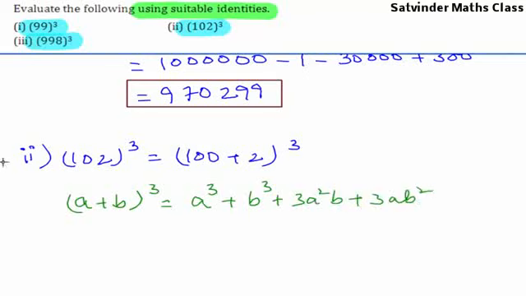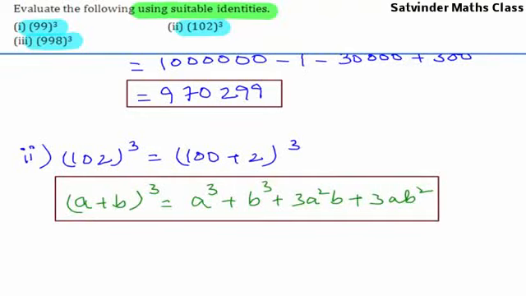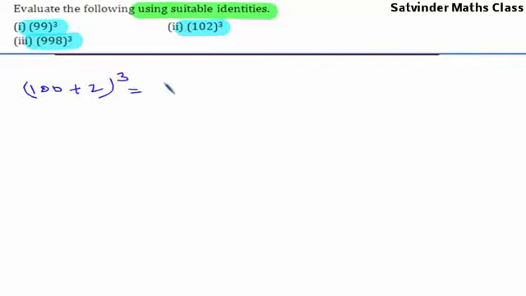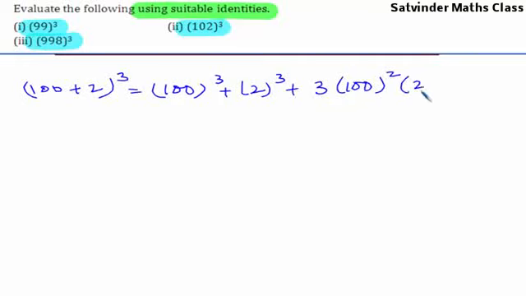This again is another important identity that you need to remember. Now let us evaluate (100 plus 2) whole cube using the above identity. We will get a cube, which is 100 cube, plus b cube, which is 2 cube, plus 3a square, would be 100 square into b, which will be 2, plus 3ab square, that would be 100 into 2 square.